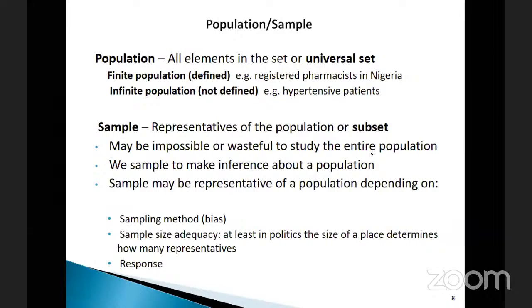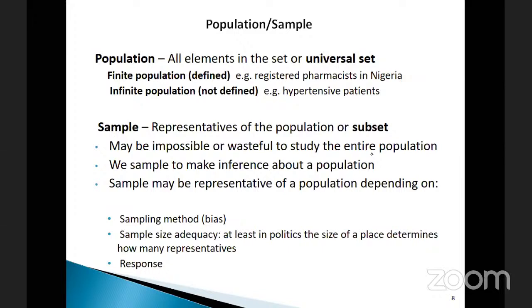It's possible that they have clinic days. So even when you go to the clinic on those clinic days, it's not all of them that visit the clinic on those days. Now the sample is representative of the population or a subset of the population. Now you ask yourself, sometimes it may be impossible or wasteful to study the entire population.